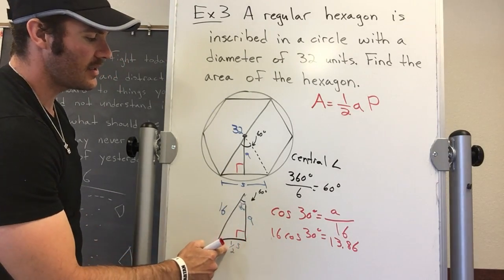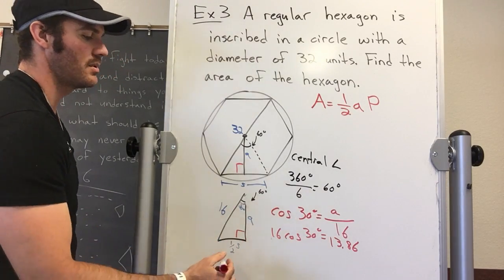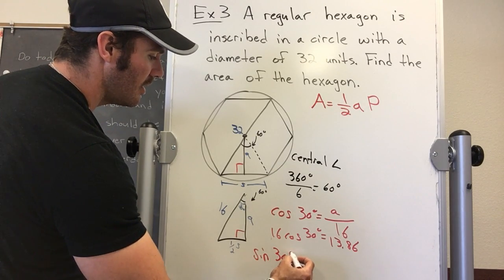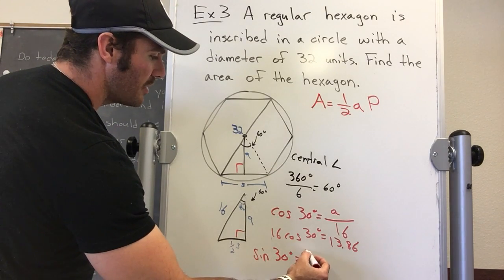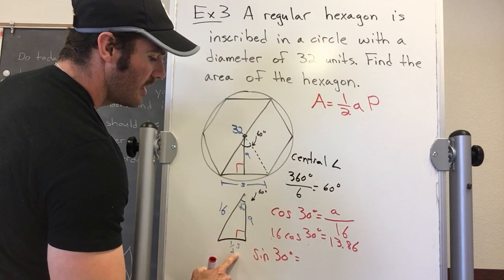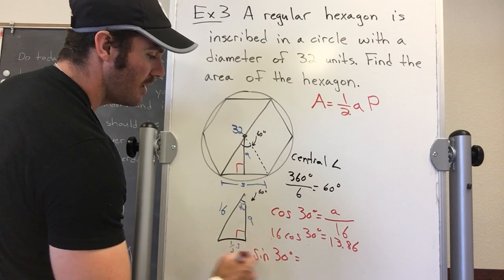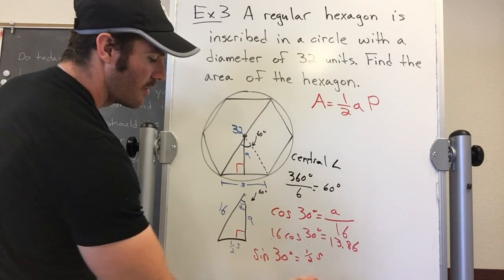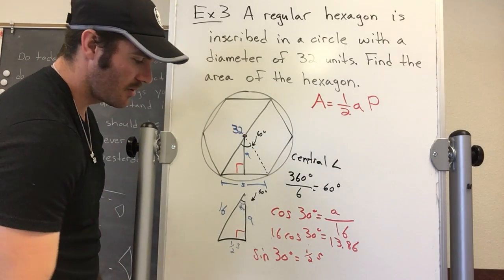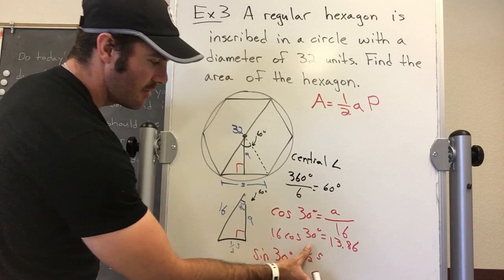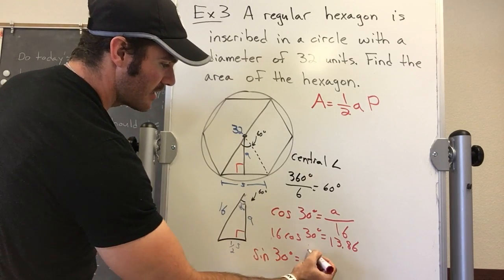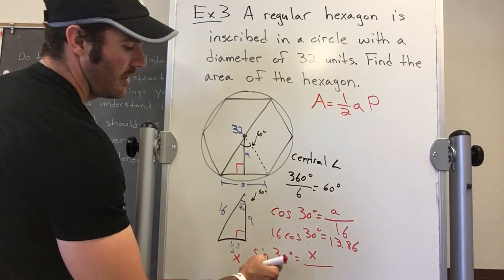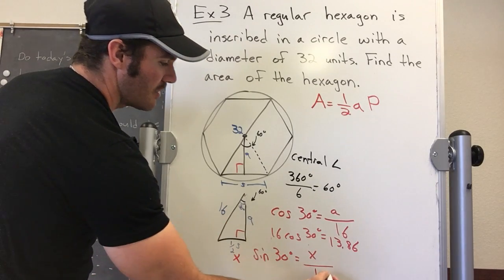Now we need to find S, opposite over hypotenuse. Sine of 30 equals opposite. In this case, it's going to be half S. Let's just call it X for right now, over the hypotenuse.